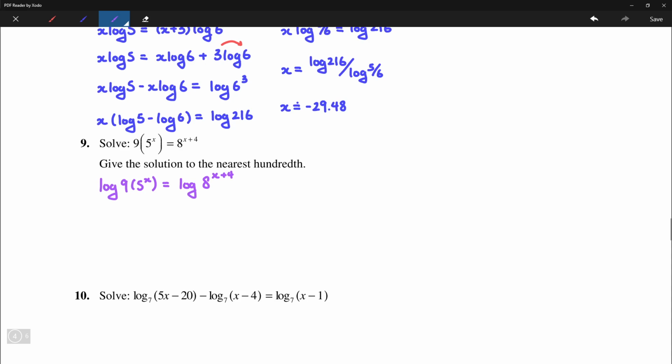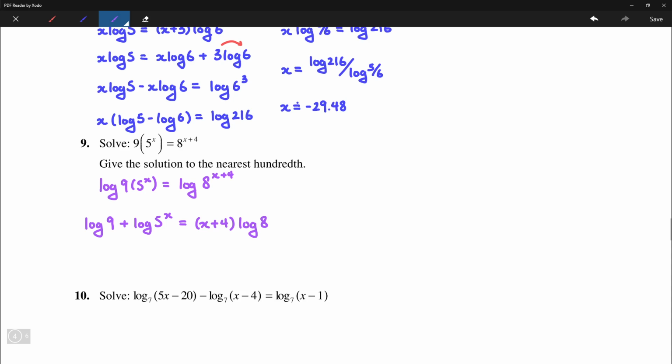Okay, so on the left-hand side, we have a product, 9 multiplied by 5 to the x power, which means we can separate them into two logarithms, log 9 plus log 5 to the x power. On the right-hand side, we can apply the power rule and move the x plus 4 in front of the log 8.